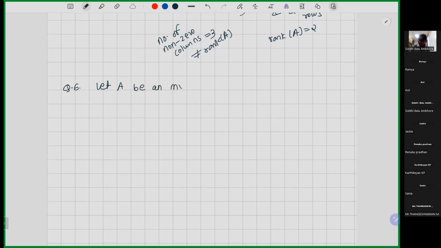A, B, an M cross N matrix. Let P and Q be invertible M cross M and N cross N matrices respectively.